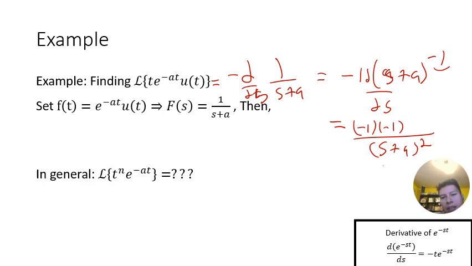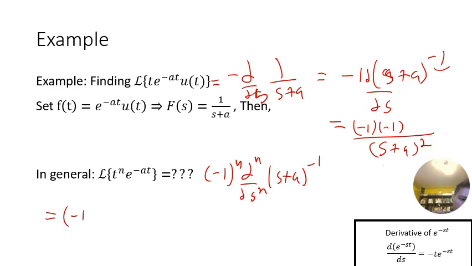So let's say we want to do this one. Well, that's just going to give us that this is actually equal to negative 1 to the nth power d/ds to the nth power of s plus a to the negative 1. So if we take the nth derivative, it's just going to be negative 1 times negative 1, negative 2, negative 3.